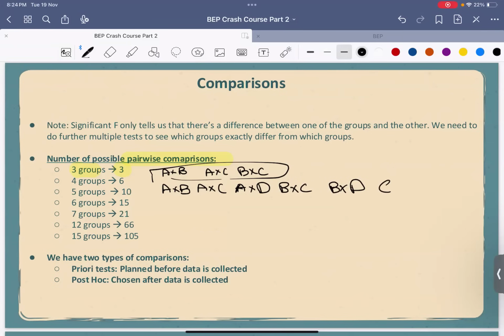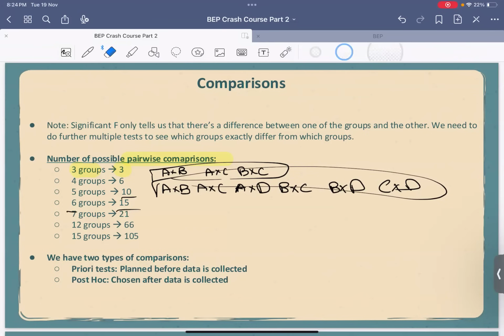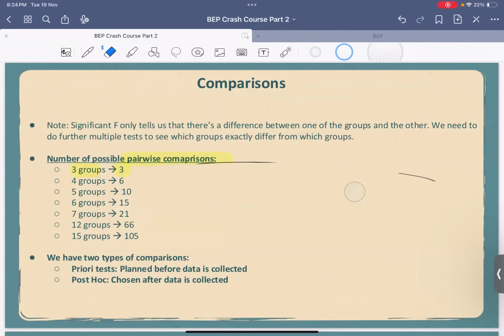There's one missing: C with D. So these are 6 possibilities. And then 10, and 15 the same way. Memorize, I would say, until 6. If they ask you more than 6, honestly, that's even.